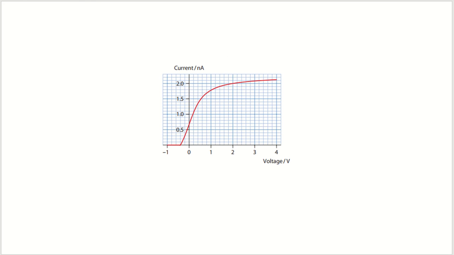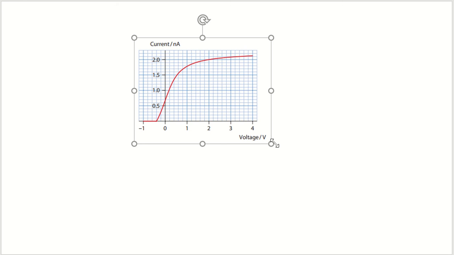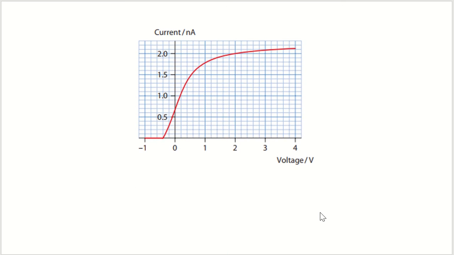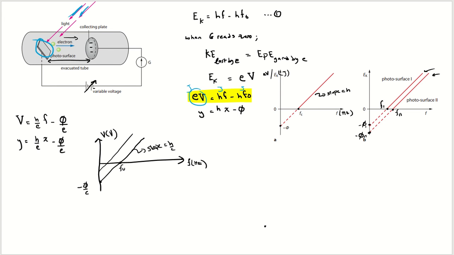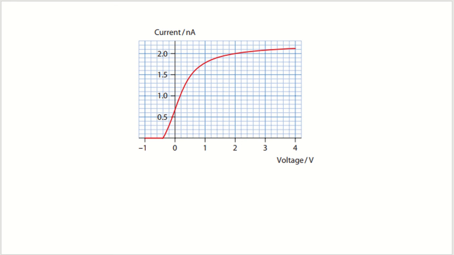Now, if I change the voltage on the collecting plate, if I make it positive and increase it, then the graph will look something like this.